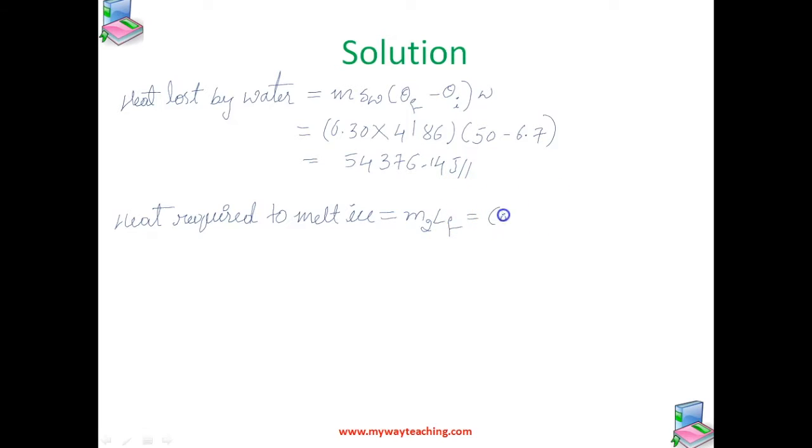So we know M2 is 0.15 kg, but latent heat of fusion we don't know. And the third point is the heat required to raise the temperature of ice water to the final temperature.